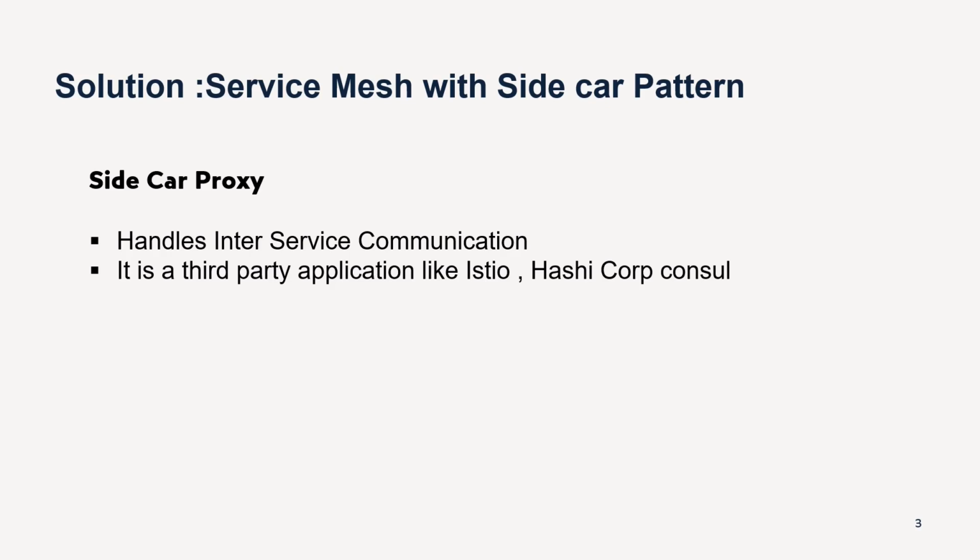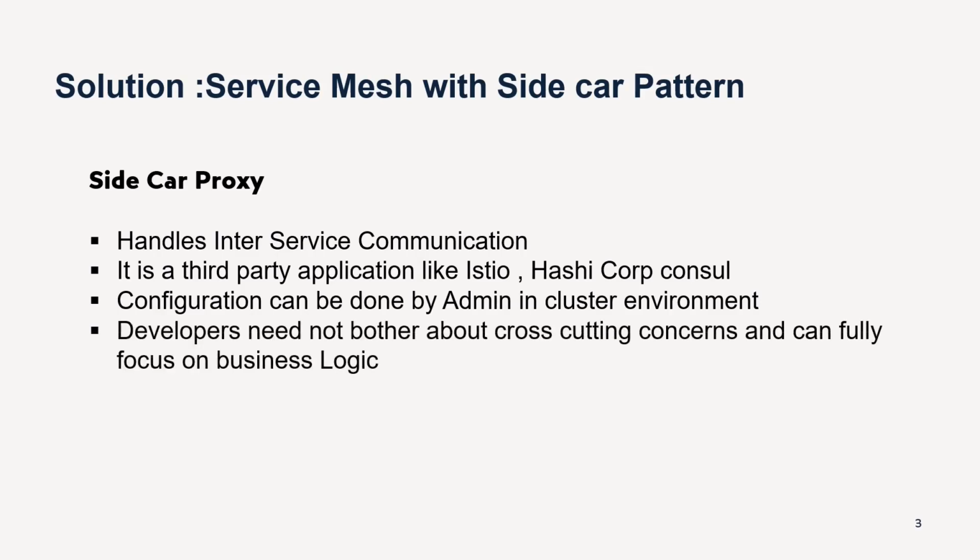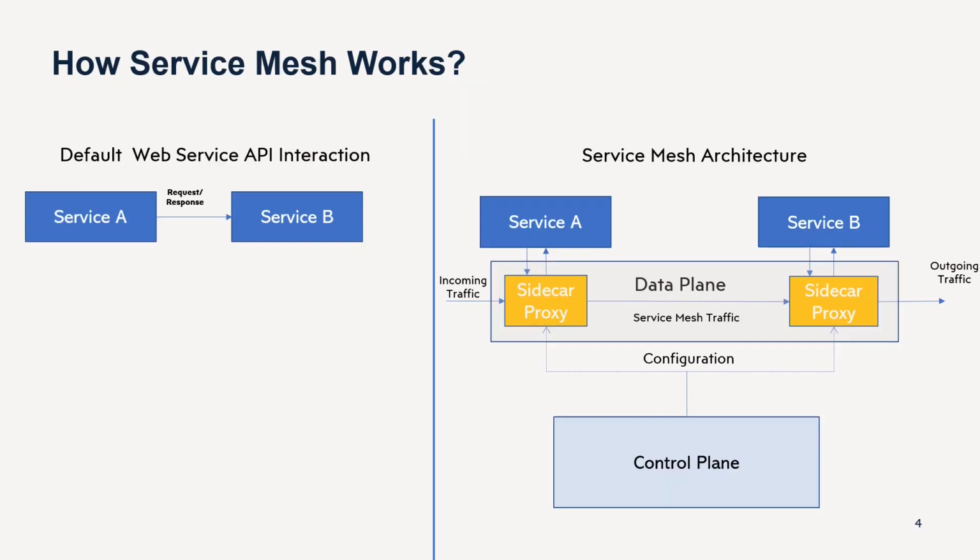I mean, there are many products which are being used. Also, all the configurations required are taken care of by the admin, and developers can fully focus on business logic. They don't need to bother about the cross-cutting concerns. So they can focus on the main thing, right? So let us see how a service mesh works.